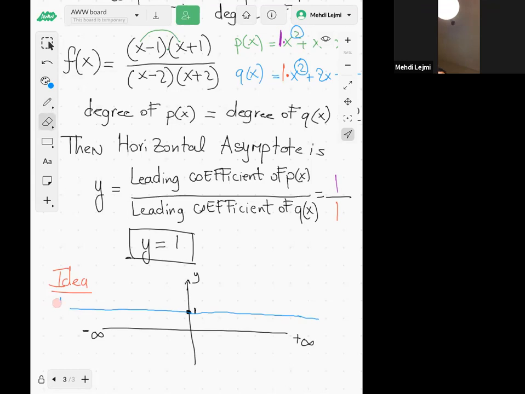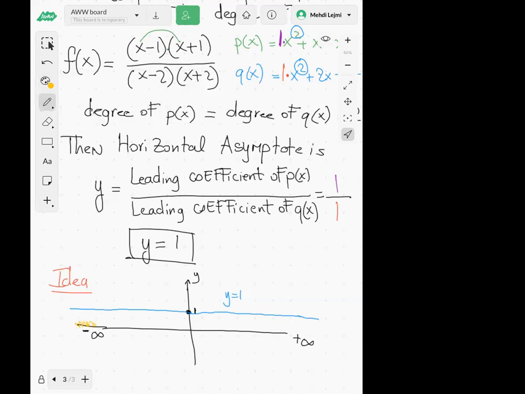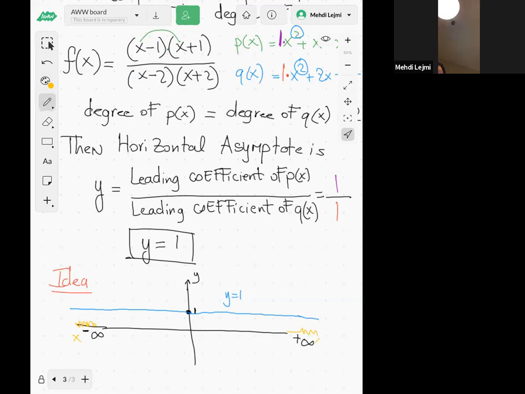So what does it mean to have y equals 1 as a horizontal asymptote? Well, when you are at negative infinity or at positive infinity, here's your x. What happens to the graph at negative infinity is that it's going to be very close to your horizontal asymptote.